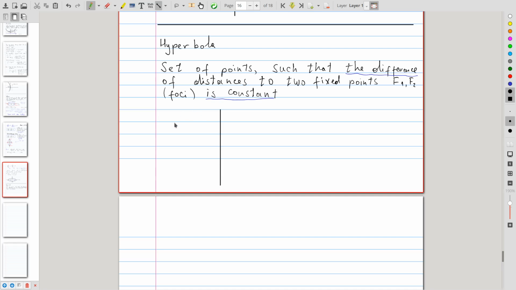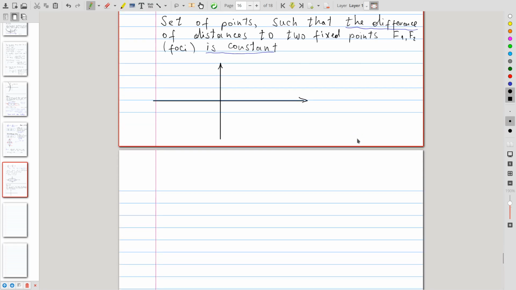It should be noted that we do not specify if this difference is positive or negative, and in fact we have to take into account both.